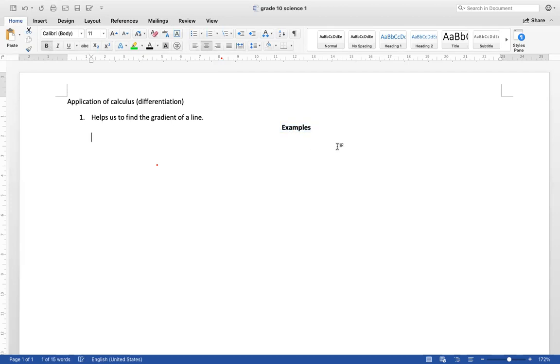That is where we have the greatest application of this dy dx thing. Of course, in mathematics, they'll just say find the gradient of a line at a point, meaning they will not guide you which formula you must use.